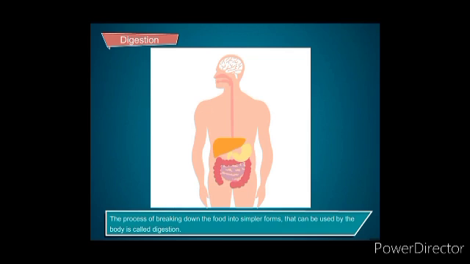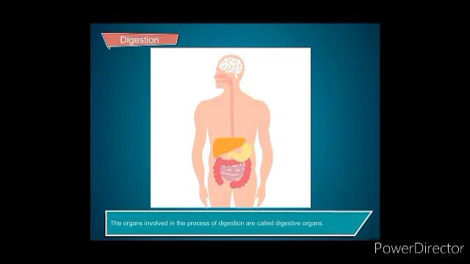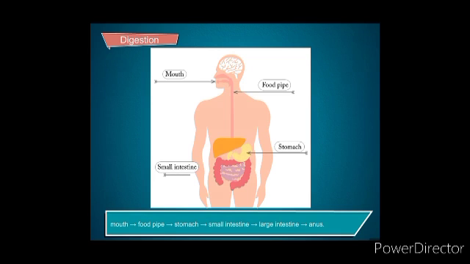The process of breaking down the food into simpler forms that can be used by the body is called digestion. The organs involved in the process of digestion are called digestive organs. The passage of food for digestion in our body is mouth, food pipe, stomach, small intestine, large intestine, anus.